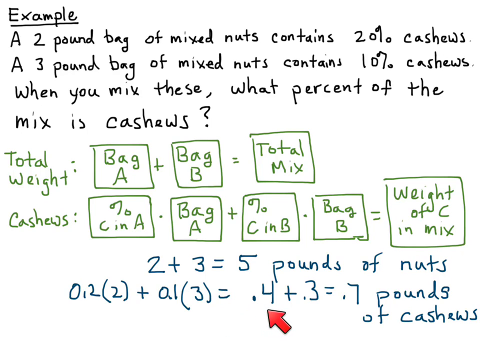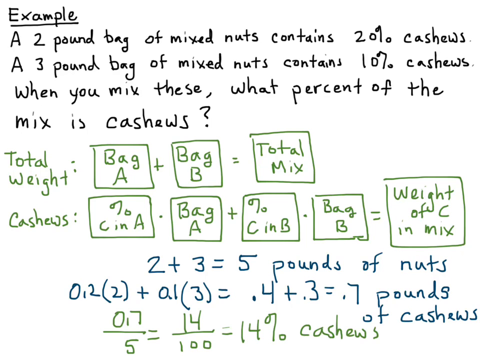That's how many pounds of cashews we get from the second bag, and so we add the two together, and we get 0.7 pounds of cashews. And so if we want to find what the percentage of the mix is, then we take 7/10 of a pound divided by 5 pounds, which is the same as 14 over 100, or 14% cashews. Okay, so hopefully that's straightforward enough to follow.